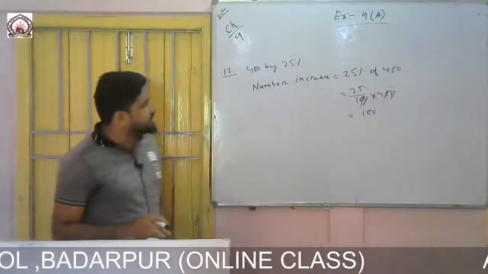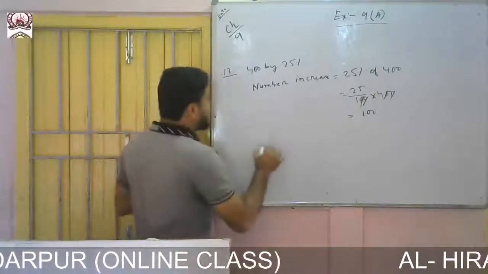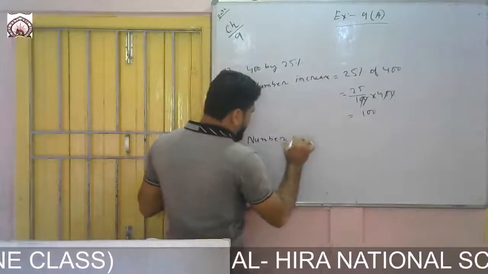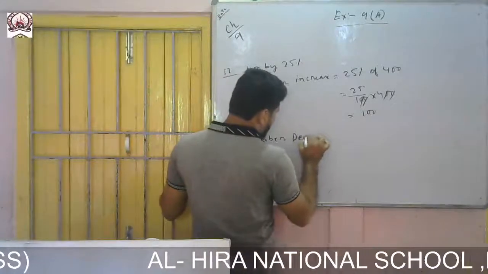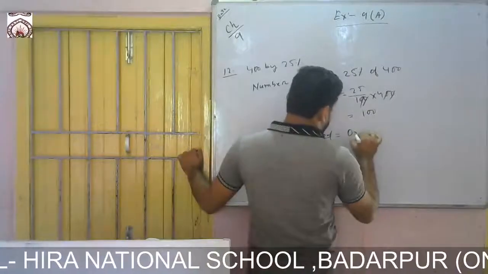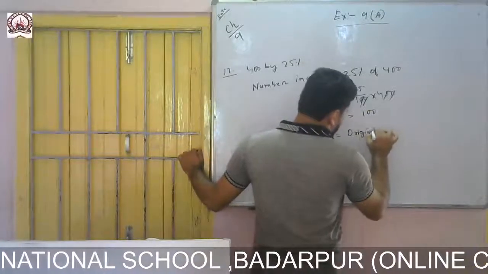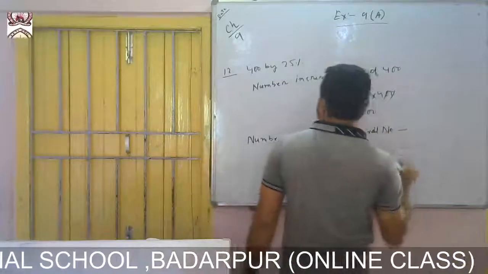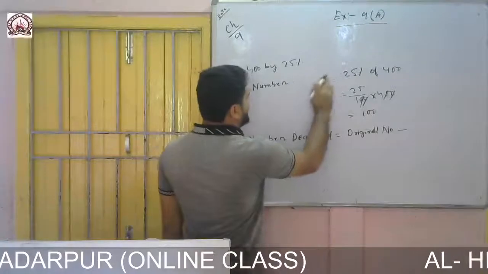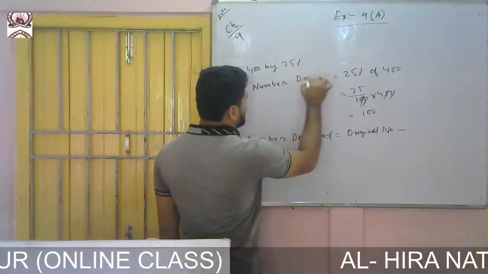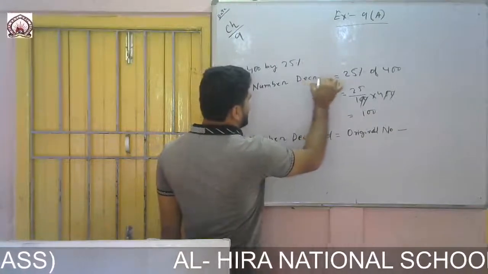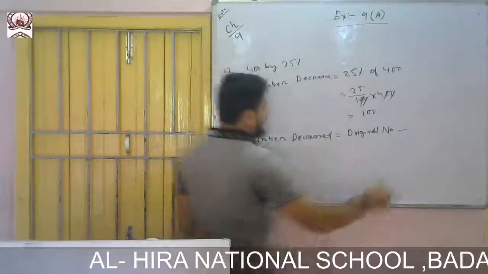Now write the number decreased. The number decreased will be the original number minus the decrease.